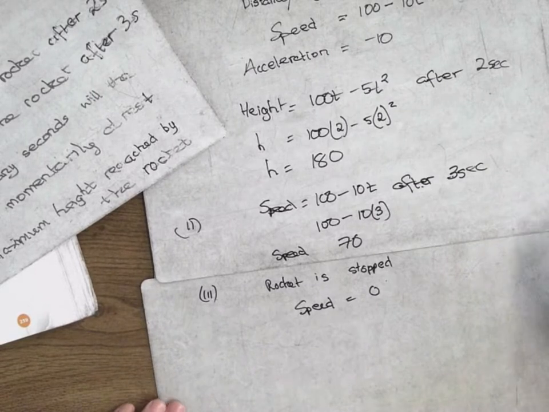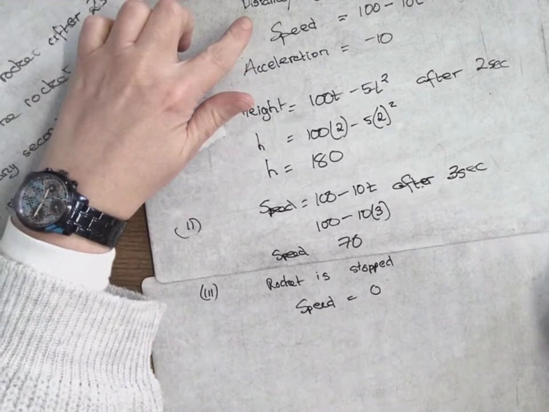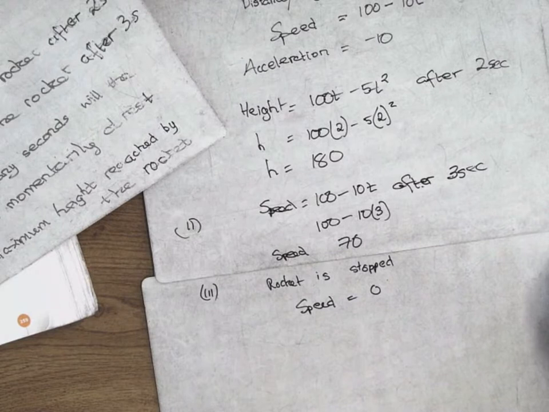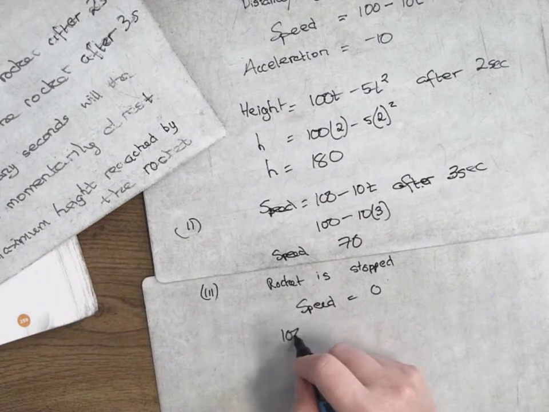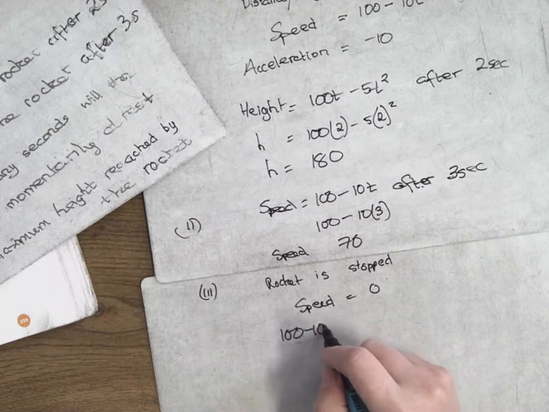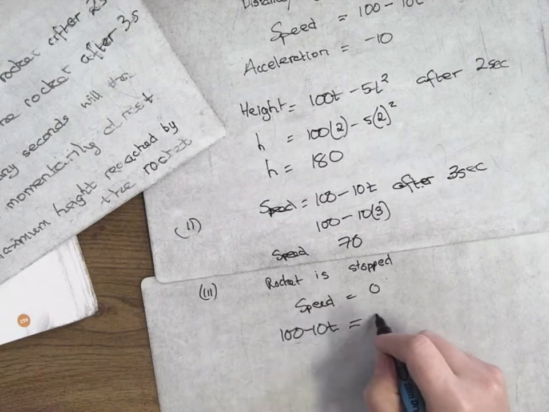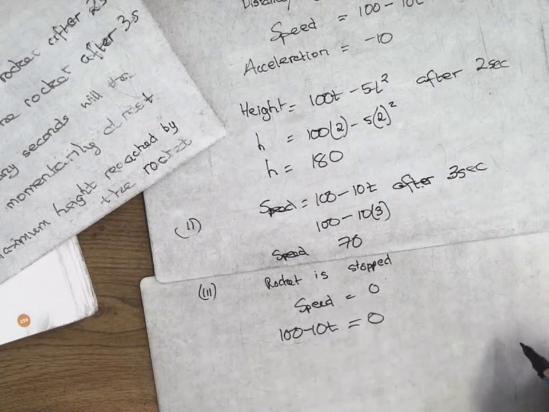So I go up here and I get my equation for speed. So my equation for speed there is what? 100 minus 10t. And I'm going to let that equal 0. So speed is equal to 0, right? So this is a case of t's on one side, numbers on the other.